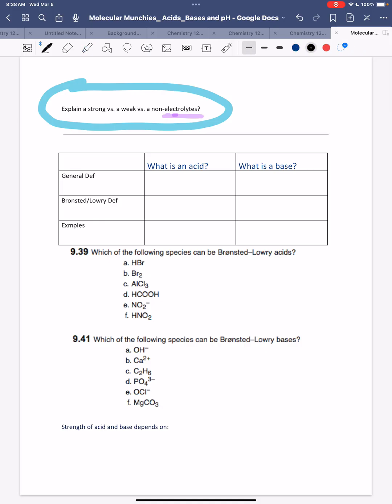We are familiar with these words, acids and bases. Maybe you're familiar with the fact that acids taste sour. Things like citric acid, any sort of citrus fruit, lemon, lime, orange, grapefruit, that citric acid is what's in there that makes them taste sour.